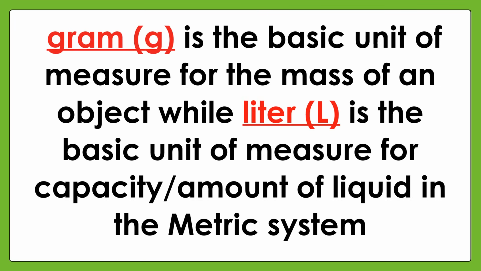Gram. Gram is the basic unit of measure for the mass of an object, while liter is the basic unit of measure for capacity or amount of liquid in the metric system.